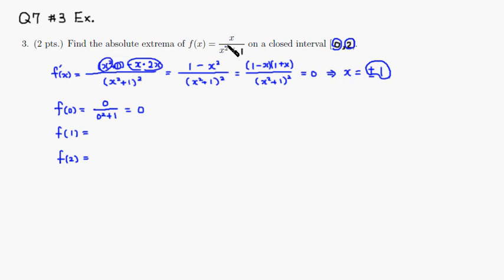If you plug in 1, you get the 1 over, right, 1 squared plus 1, so that'll be 1/2, right? If you plug in 2, you get the 2 over, right, 2 squared plus 1, that'll be 2 over, right, 4 plus 1, so it's 5, 2/5, right?